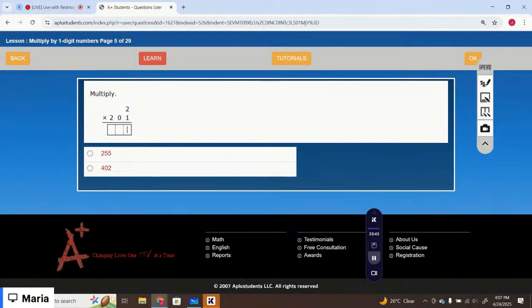201 times 2, so which is the correct option? That is 2 times 1 is 2, 402.